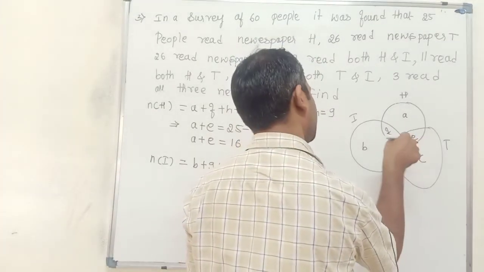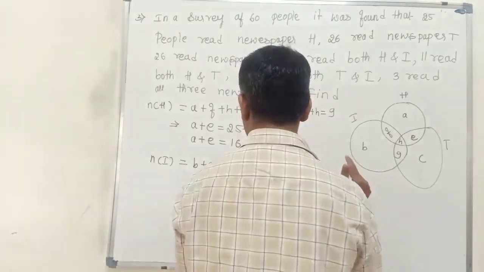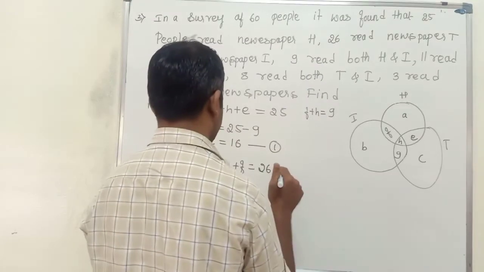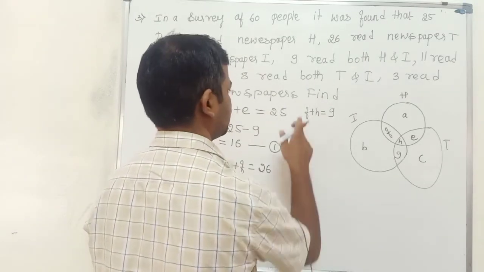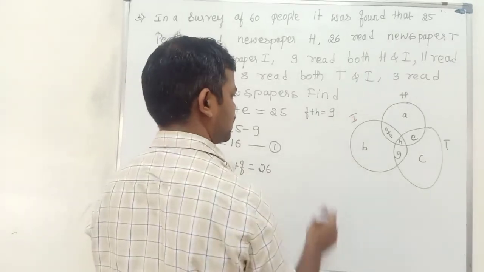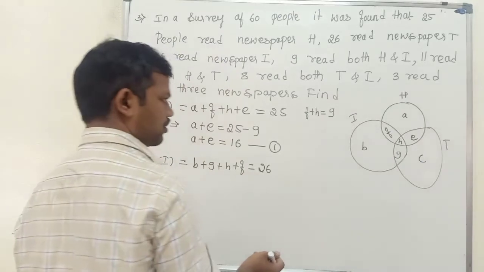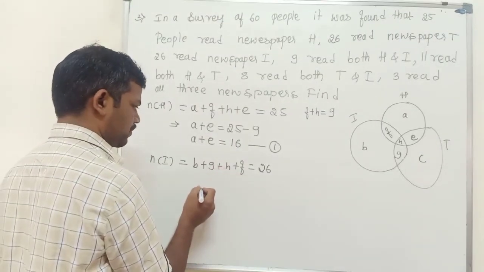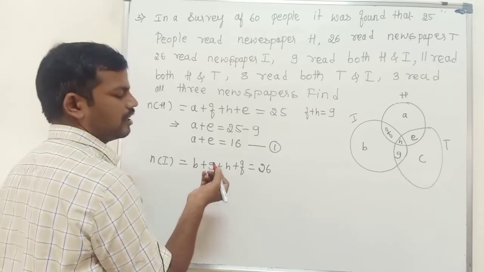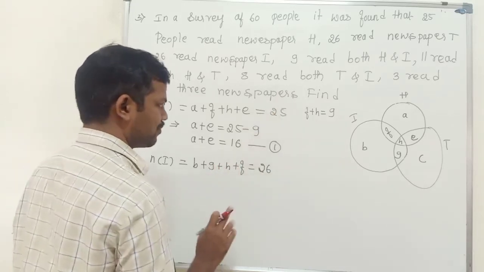They have given us h, so here I will use g and h, or if they have given h plus f, you can use that as well. So h plus f or g plus h, anything you can use. We have already written f plus h.